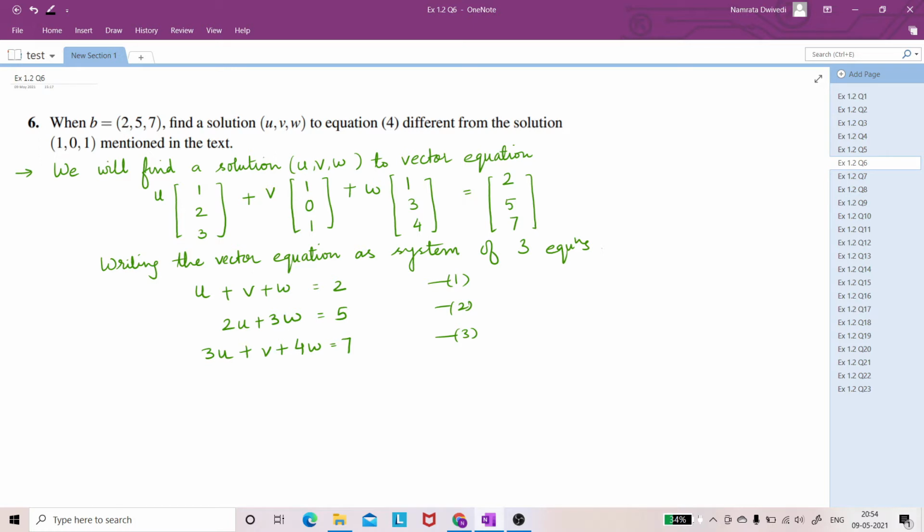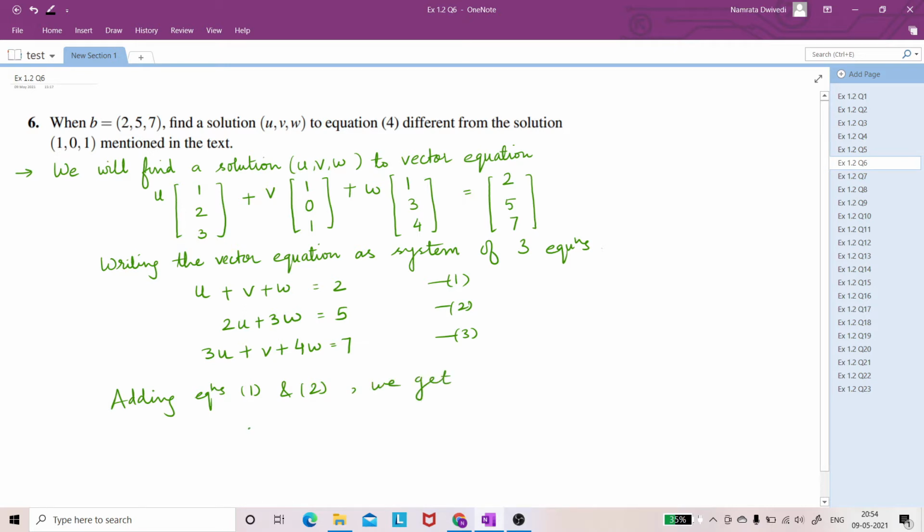Now if we add equation 1 to equation 2, what do we get?